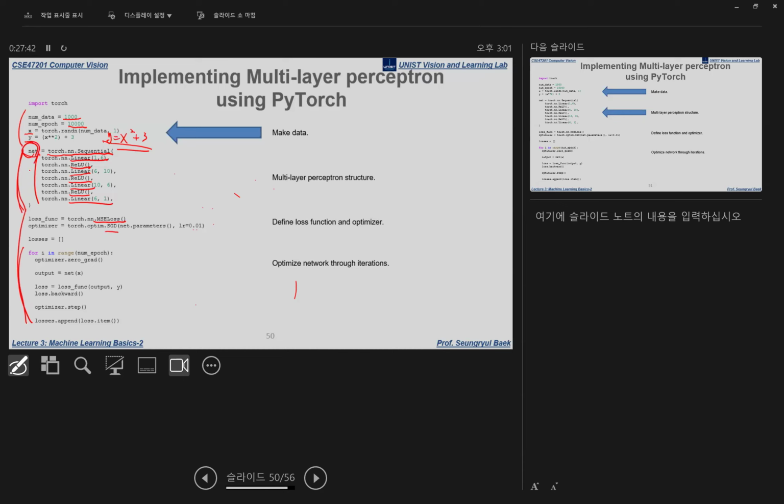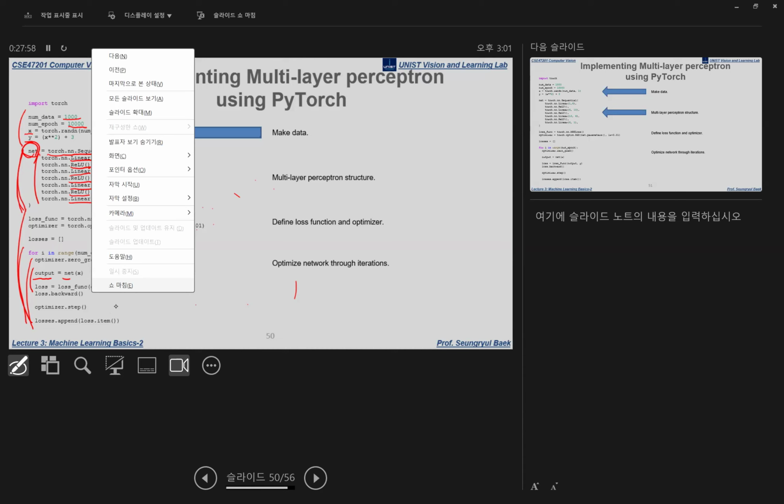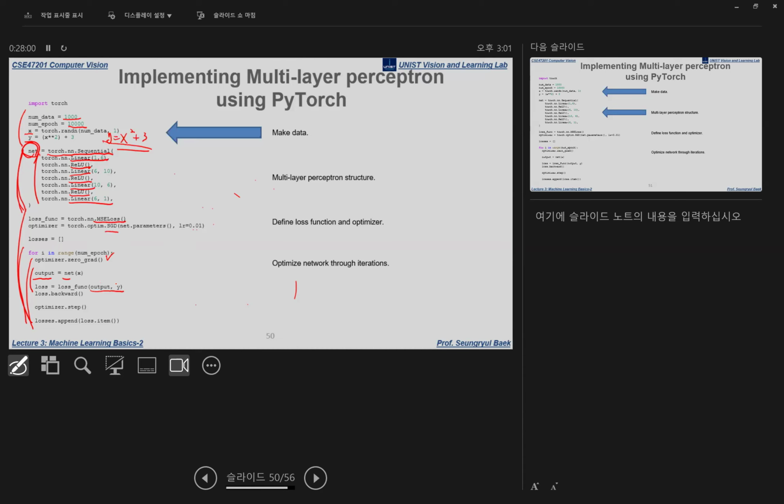And here, what they do is first initialize all the variables' gradients to 0 and calculate the network's output first, and calculate the loss between their predicted value and their ground truth y.